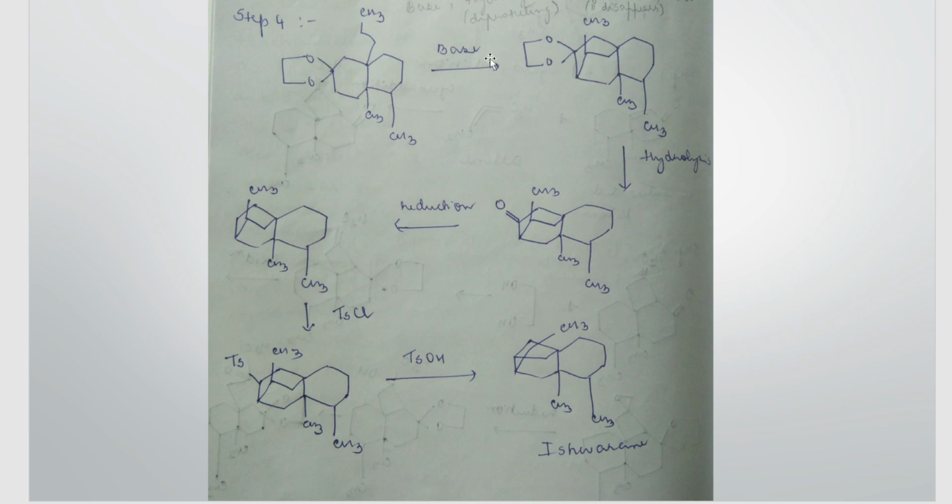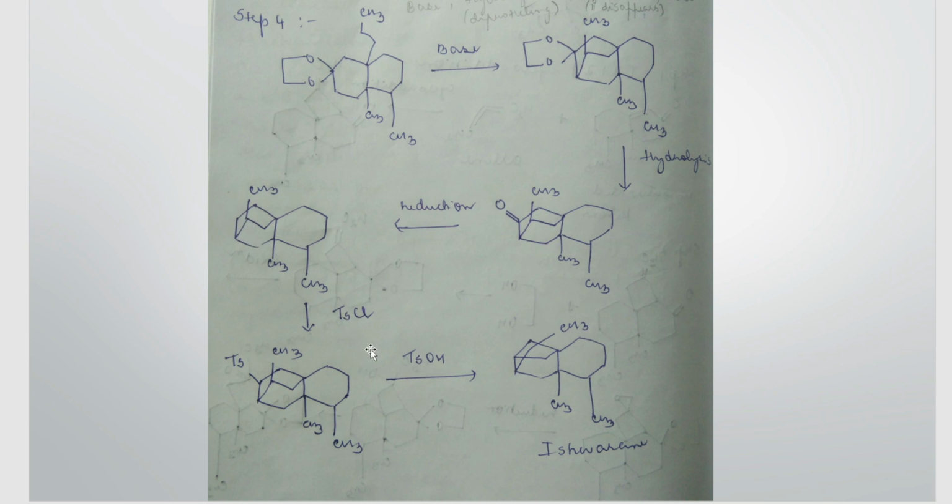So now this has started looking like isvarine. All we have to do is get rid of this group, correct? Because it is in the protected form, first what you will do is deprotect. Okay, so deprotection is done. The next step is what? A reduction. In order to get rid of this C=O group, you will do reduction, wherein the C=O group is replaced by CH2.